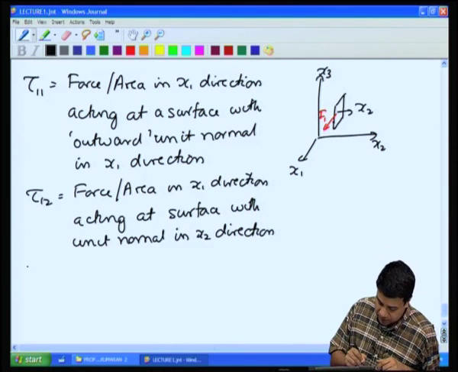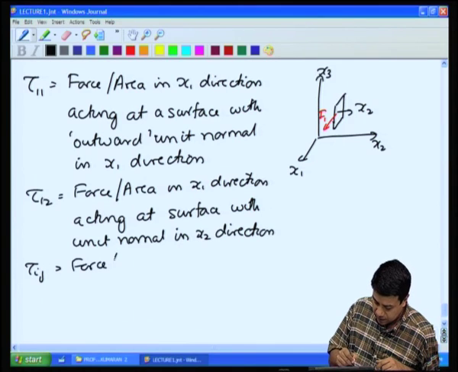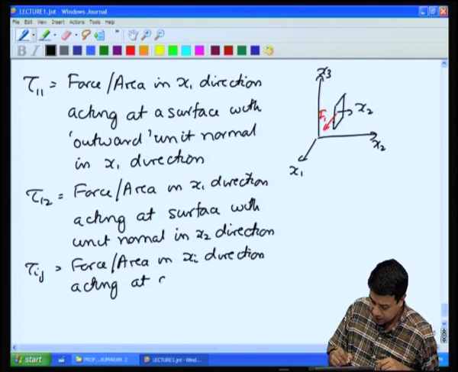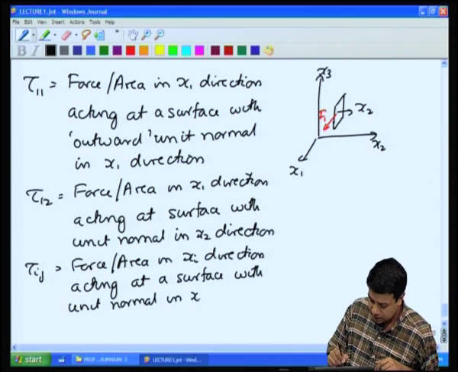So, a general formula, tau ij is equal to force per area in xi direction acting at a surface with unit normal in xj direction. Okay.